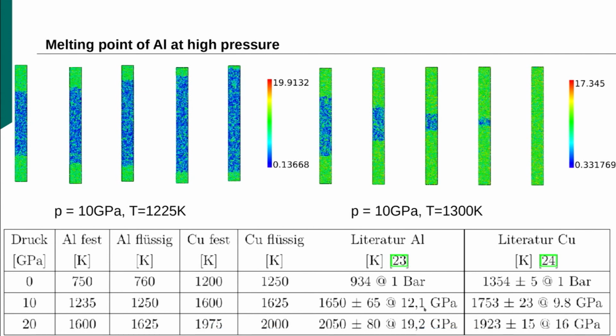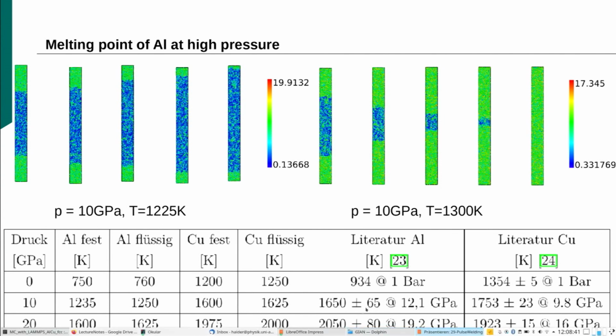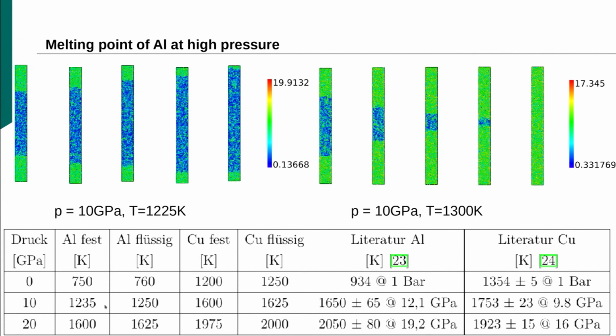And here are literature values, I think, from experiments, both for aluminum and copper. You see that this experimental increase is much more pronounced than what we observed here. So that's a point where the potential apparently was not too well suited. Yeah? And these high pressure properties, I mean 10 gigapascal is quite a bit, this indicates that the steeply rising part of the potential was not steep enough, I would guess.